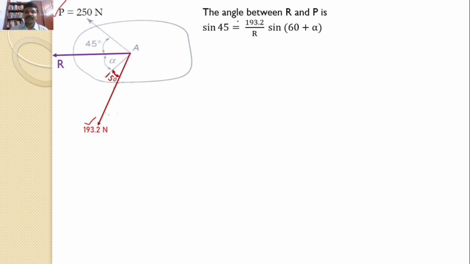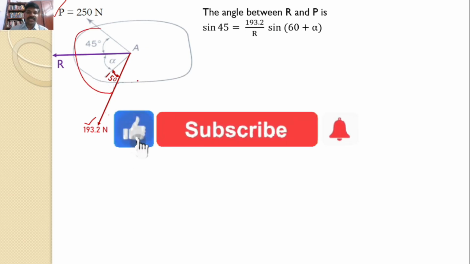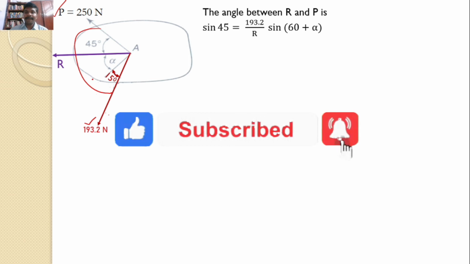For that, I will use this formula. The angle between R and P is 45 degrees, that is given. So I can substitute in the formula that sine 45 is equal to 193.2 by R into the angle between these two forces, that is sine 60 plus alpha.